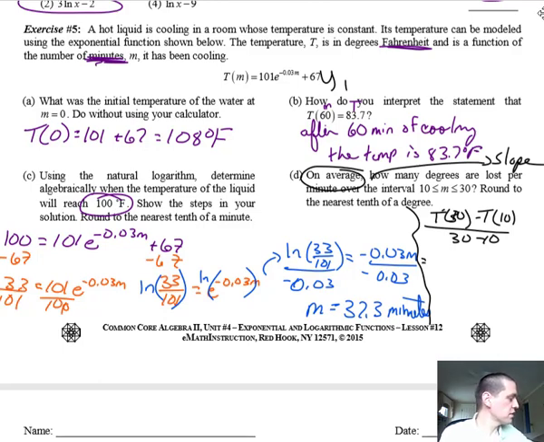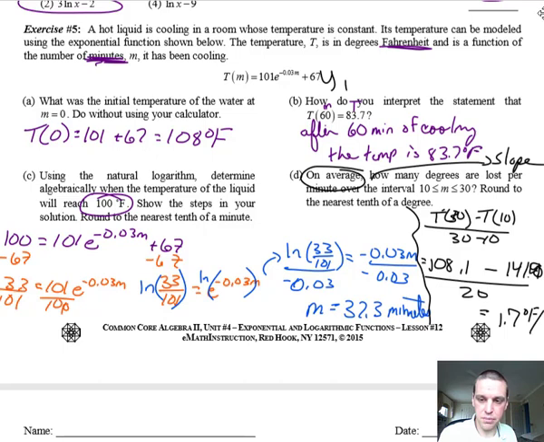So T of 30 is 108.1 minus 141.8, and this will be divided by 20, and so we get that it is cooling 1.7 degrees Fahrenheit per minute.